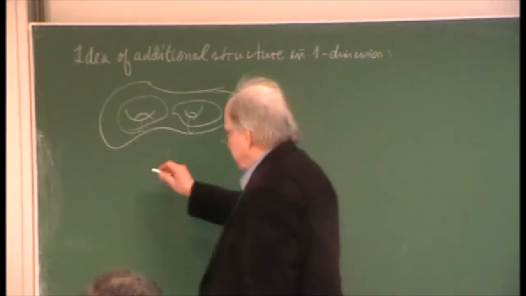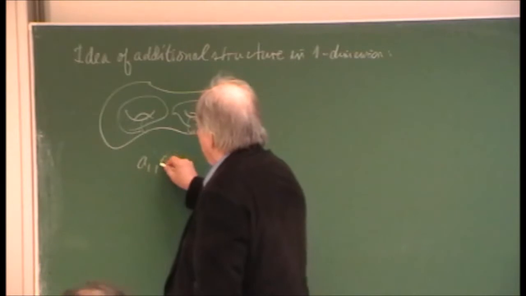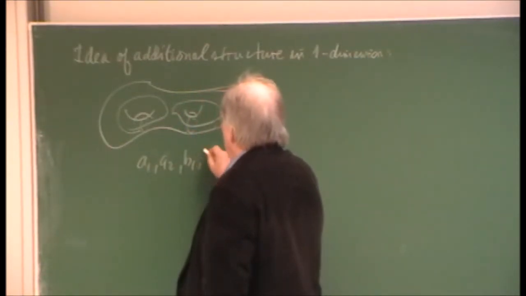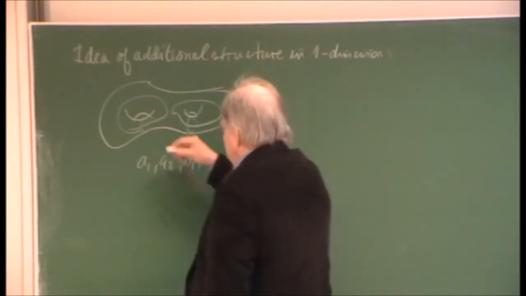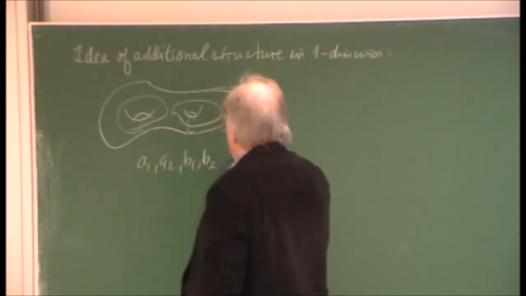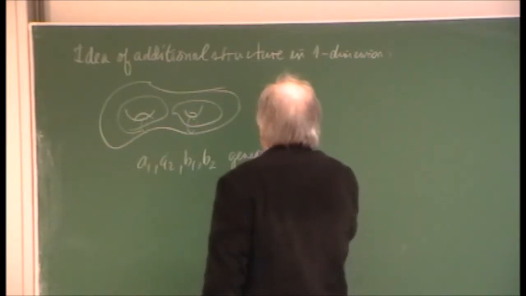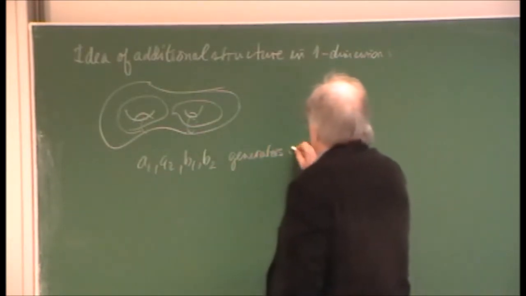And you choose these generators, which quite often are called A1, A2 of one type and B1, B2 of the other type, say these standard generators of the fundamental group. Well, maybe of the homology.